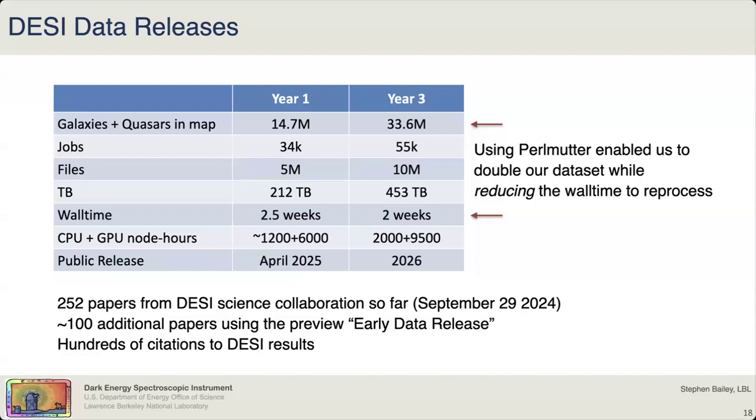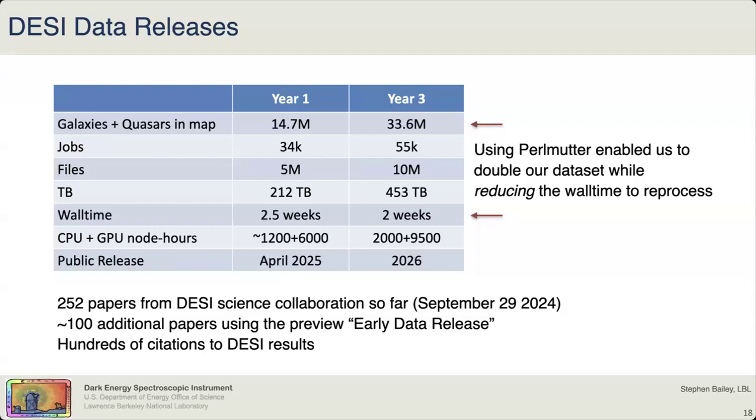This is in comparison to prior generation experiments. A tiny fraction of the DESI data used to spend months doing their processing on custom clusters that they own. Using mainly the year one data set, because this came out just a couple weeks ago, we have over 250 papers from the DESI science collaboration. There's an additional somewhere around 100 papers using an even earlier version of these data.